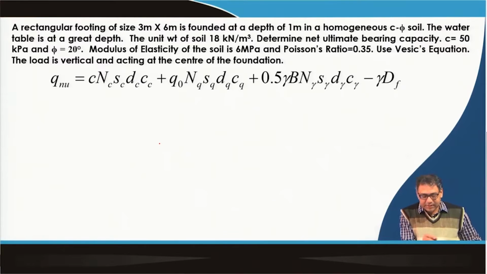So, first, as the modulus of elasticity is given, we can incorporate the compressibility effect. Because in the previous case, in Terzaghi theory, in the example that I have solved, based on the phi value we had to judge whether to apply local shear failure or general shear failure.